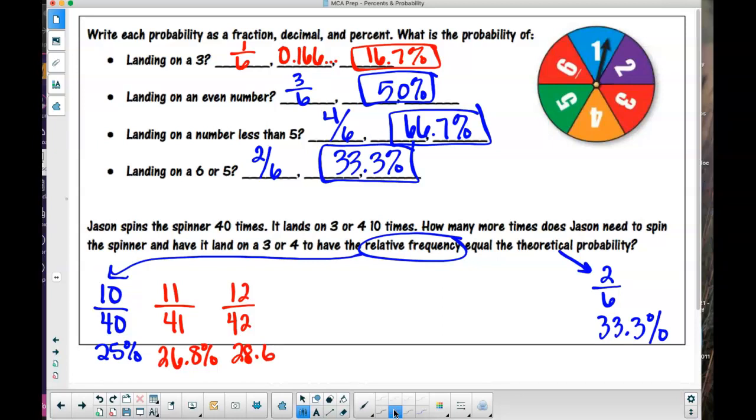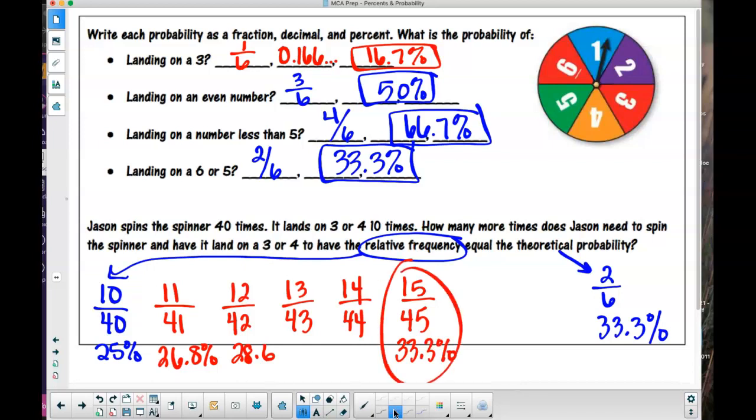Now what would it be? Izzy, do you have it? Yeah. What do you think it is? 15 out of 45. Okay, so he'd have to keep going. 13 out of 43 would not be enough. 14 out of 44 would not be enough. 15 out of 45. If you do 15 divided by 45, that's 33.3%.